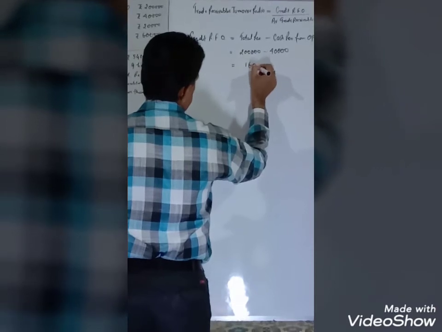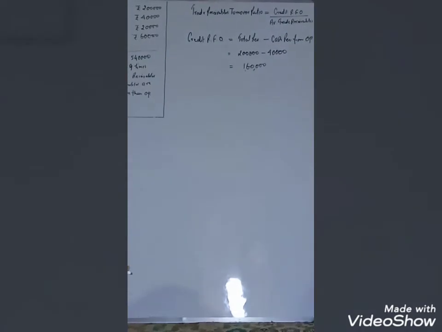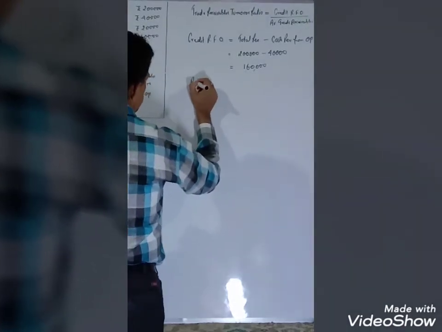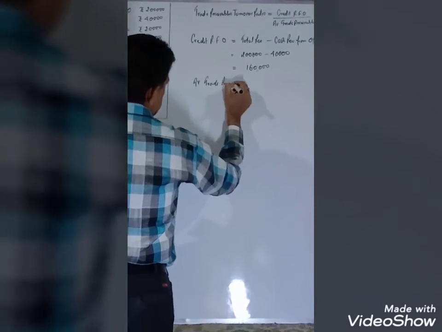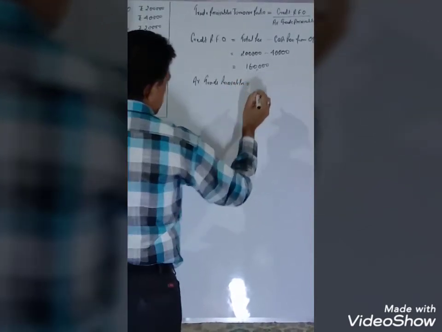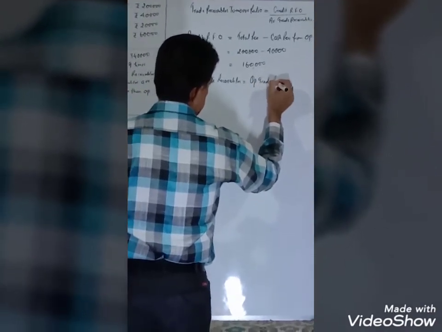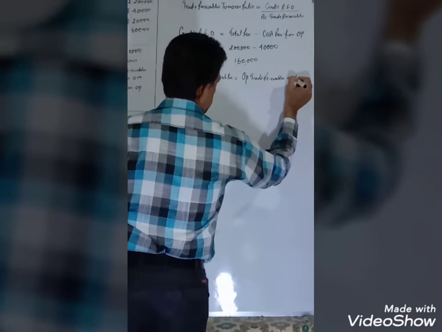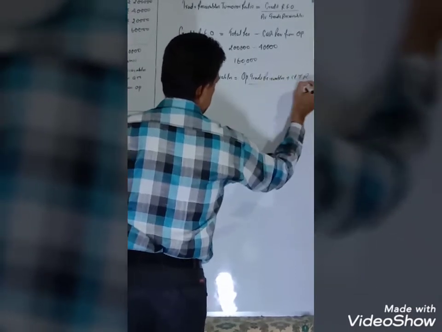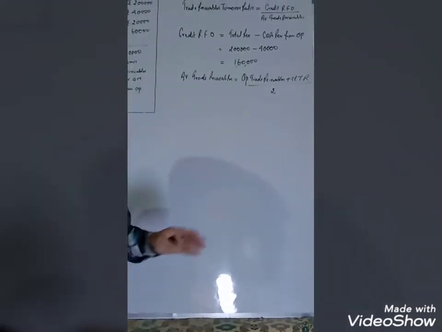We got 1,60,000. This is your credit revenue from operations. Now average trade receivables we need. For that, the formula is average trade receivables equals opening trade receivables plus closing trade receivables divided by 2.